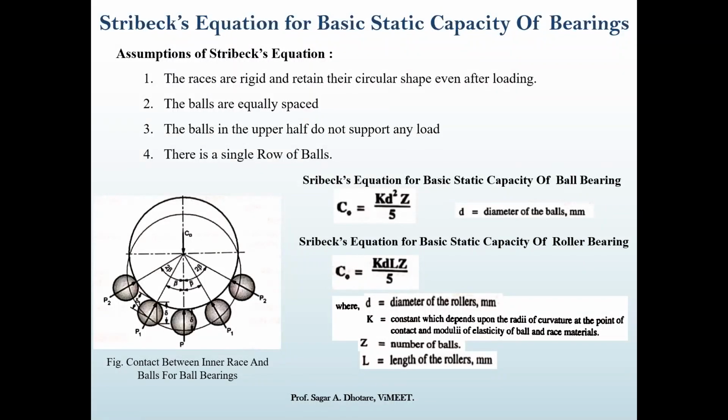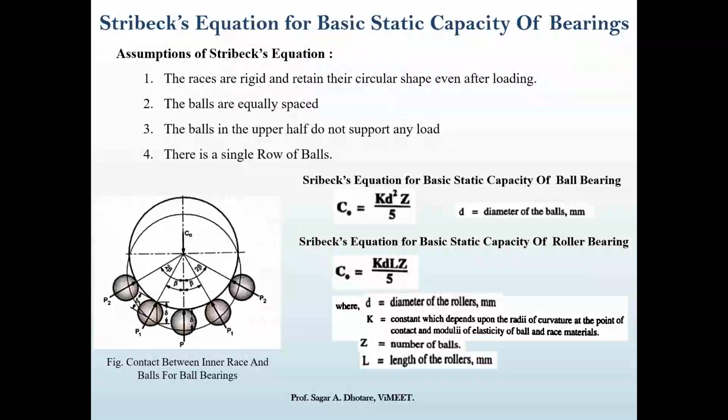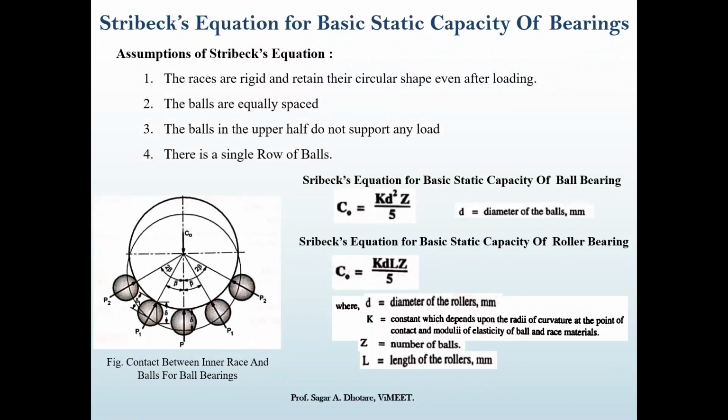Okay, so here we are not discussing the derivation of the expression, we directly go through the equations. The first equation shows C0 is equal to K D square into Z divided by 5, where D is the diameter of the ball. Okay, this is the simplest equation.